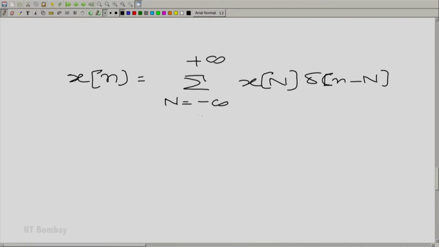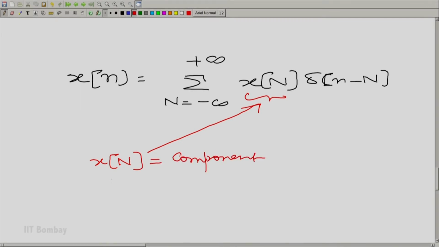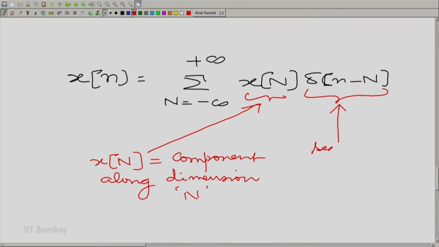We are saying the same thing, but in the language of vectors. What we are saying is x[N] is the component along dimension capital N, and delta[n minus N] is a sequence which also forms a unit vector along dimension N.